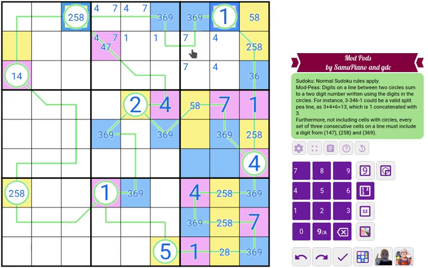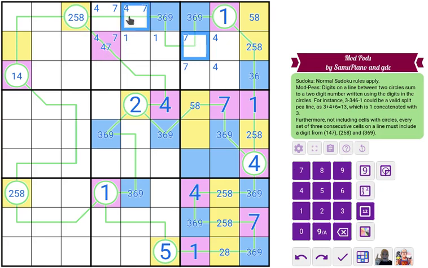Now if this was 7, this would be 4, placing another 7 over there. So this would be 2 times 7, 14. This would be at least 3, 6, which is 9.